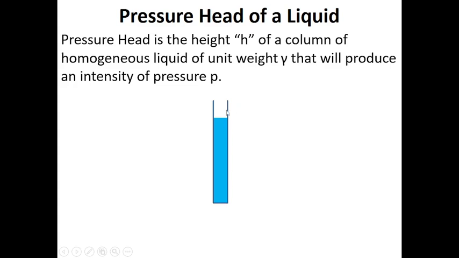We have here the height of the liquid in this vessel, and the specific weight of the substance inside this container. And there is now a measured pressure at the bottom.